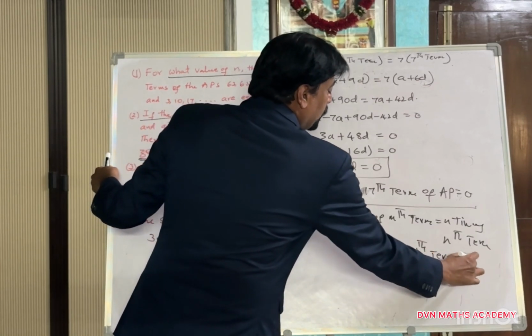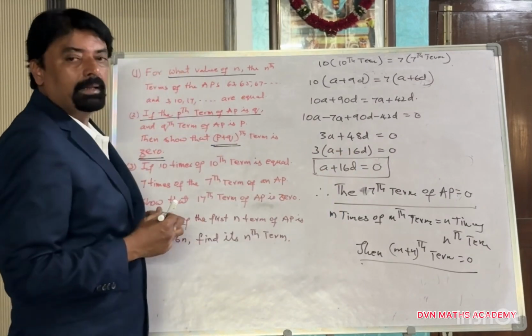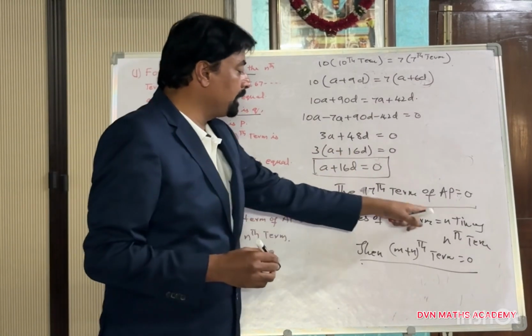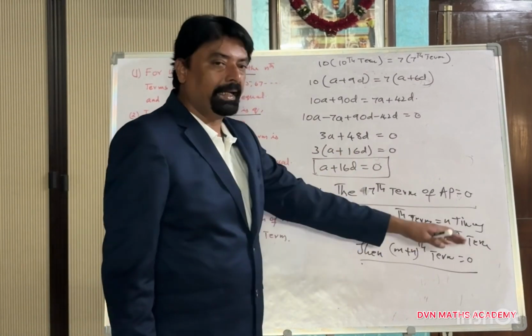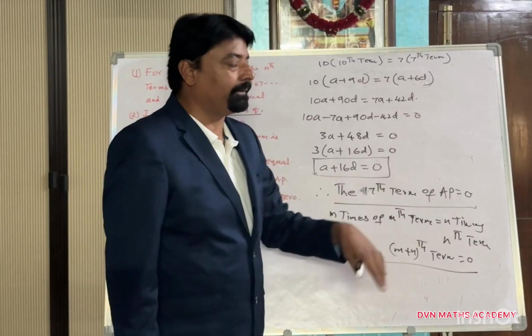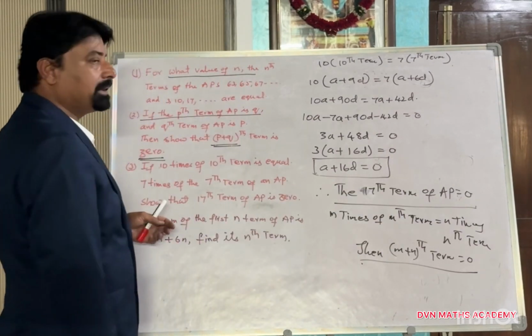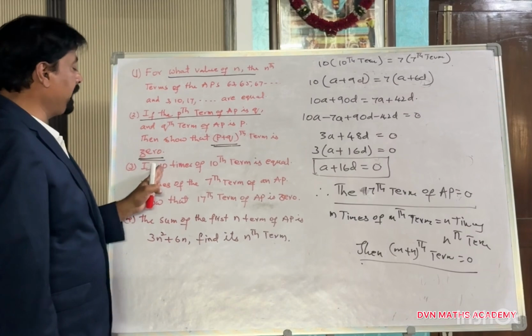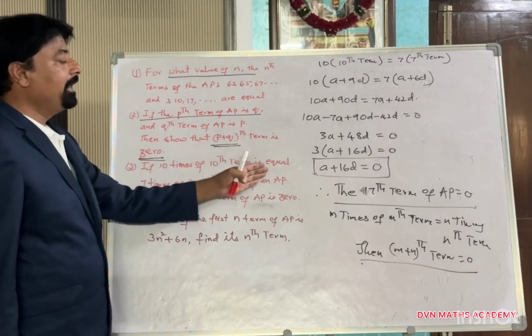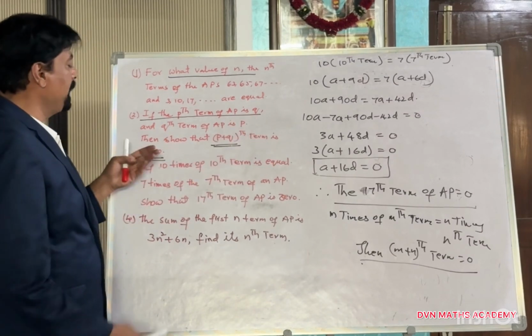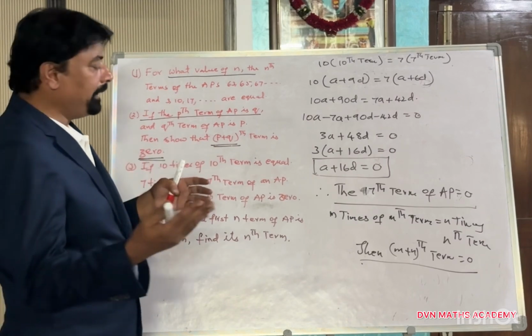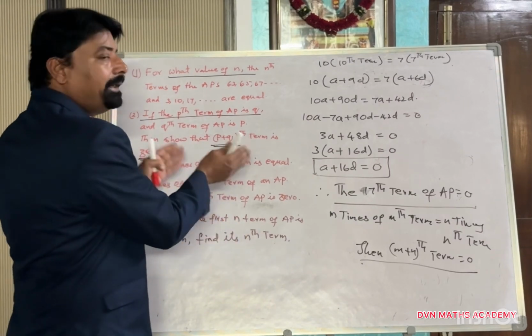This is the general form. If m times the mth term is equal to n times the nth term, then we can directly write that the m plus nth term is 0. For example, in a one mark question also sometimes they will ask, 20 times the 20th term is equal to 15 times the 15th term, which means 20 plus 15, that is 35. Therefore, the 35th term will be 0.